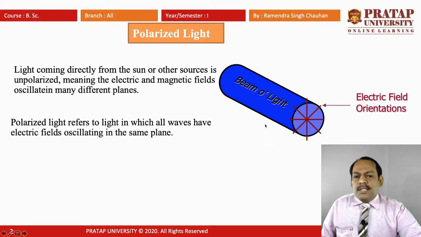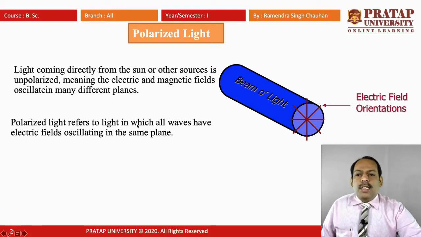So we can say that when we are considering unpolarized light, the orientation of the electric field is in all directions. When we confine all those directions, or confine the electric field orientations, or the vibrations of the electric vector, to one plane, then that light is called polarized light.